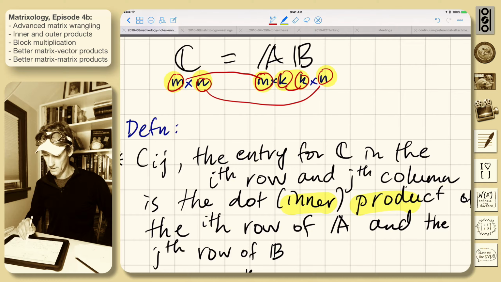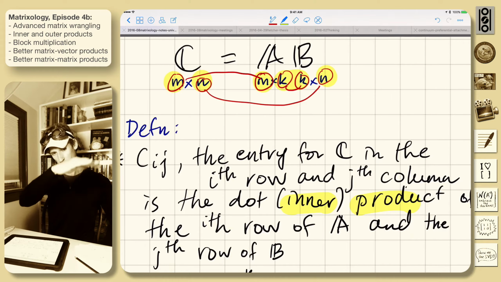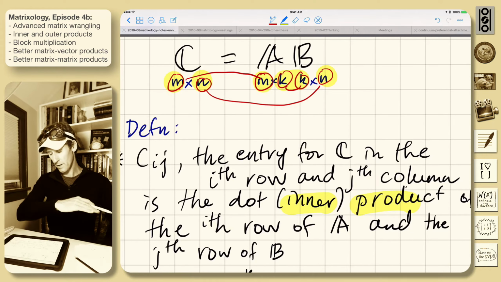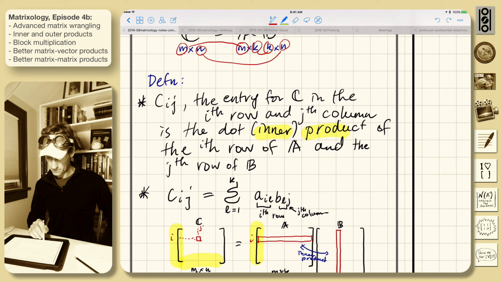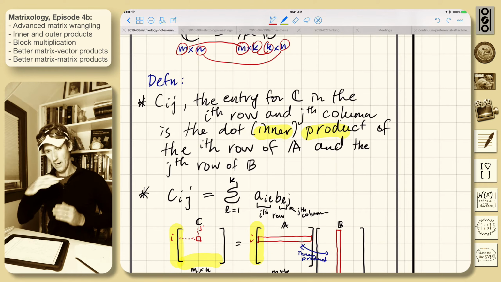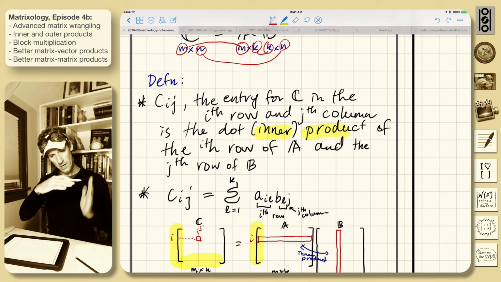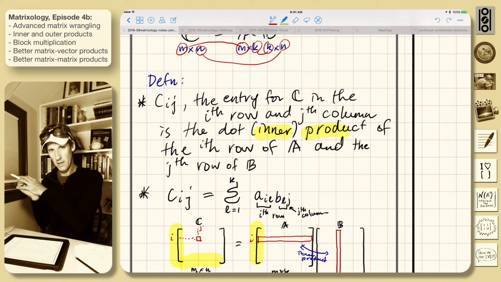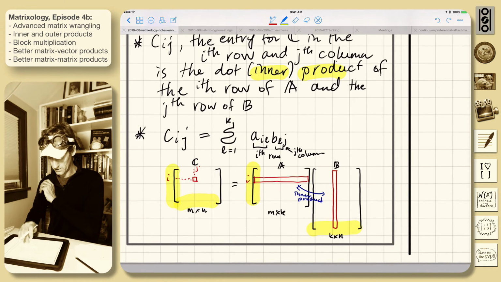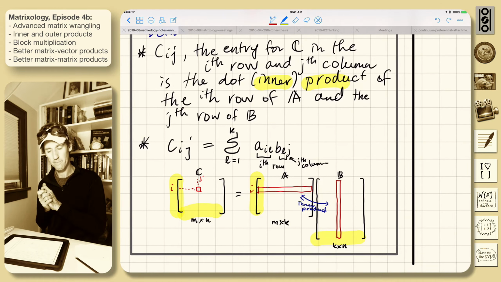The number of columns of A has to match up with the number of rows of B. Very, very important. Good. And then our definition was that's the ith row of A, the jth column of B, their inner product. So the inner product is the ijth entry of C. Okay, and there's this nice picture view of it.